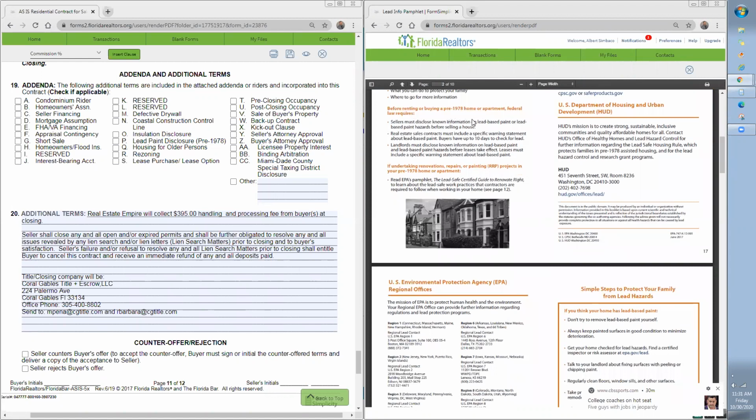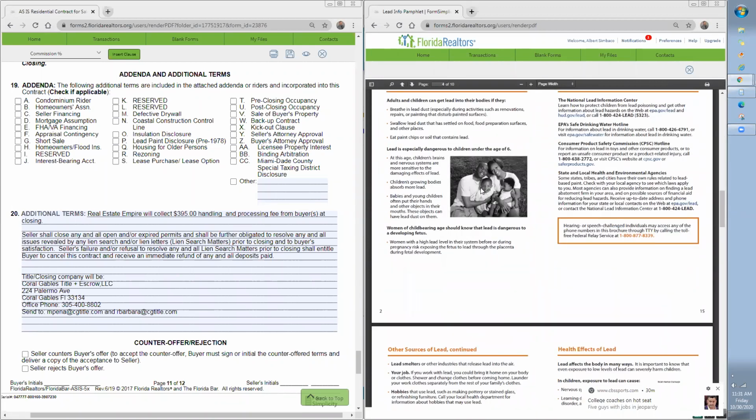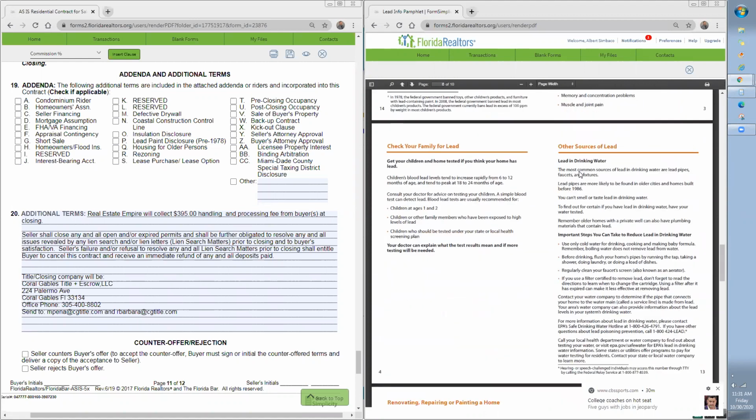Before renting or buying, we must disclose that the property may have lead-based paint. So it's just basically for informational purposes, right? It tells you what health effects could be. So this document would need to go to your buyer with the lead-based paint disclosure, okay? But only if the property was built prior to 1978, okay?